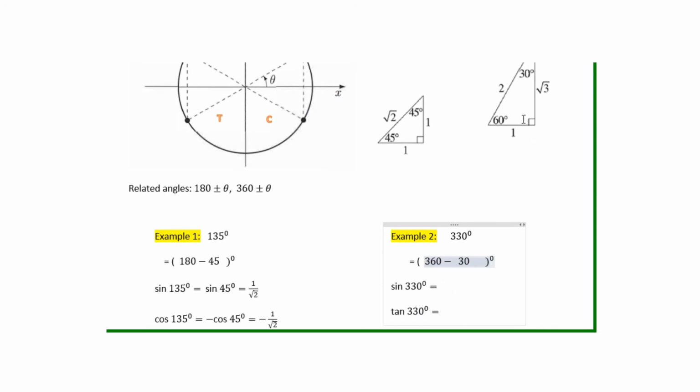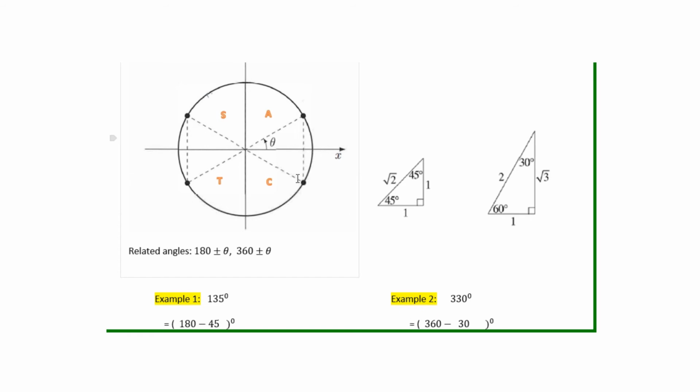Okay? And so sine of 330 is going to be related to sine 30. But we need to double check if it's positive or negative. Alright, so back to our unit circle. 330 is over here. So in the fourth quadrant, sine is negative.